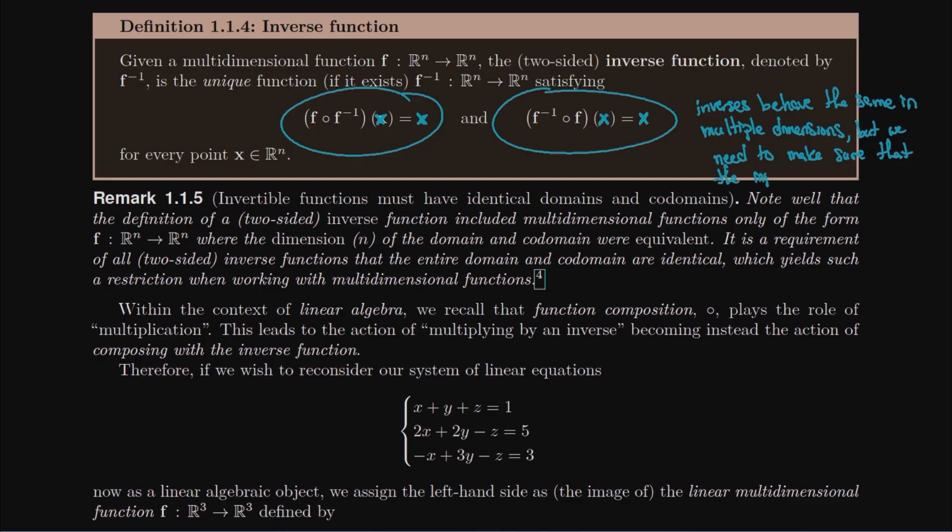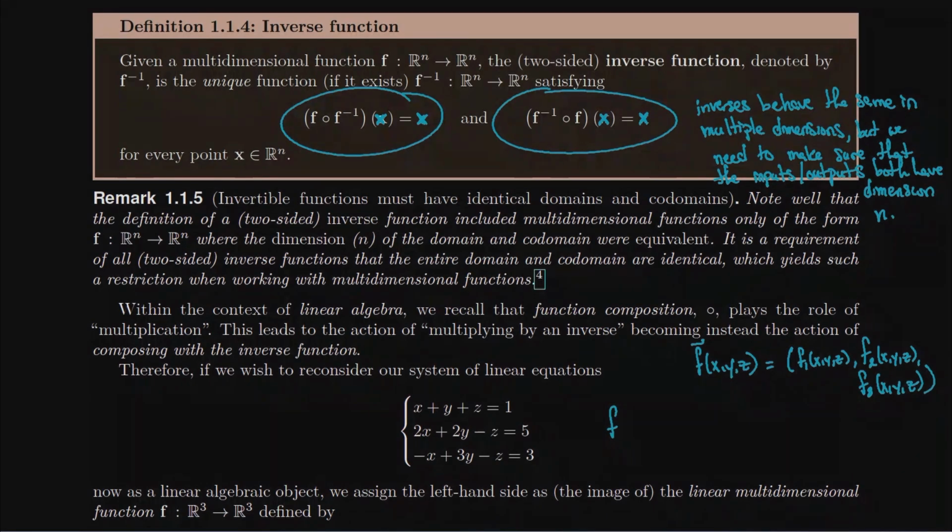That the inputs and outputs both have dimension n, right? Or whatever dimension my functions are mapping. So an example of this would be something like f of x, y, and z needs to have three outputs. So we'll say maybe f1(x, y, z), f2(x, y, z), and f3(x, y, z).